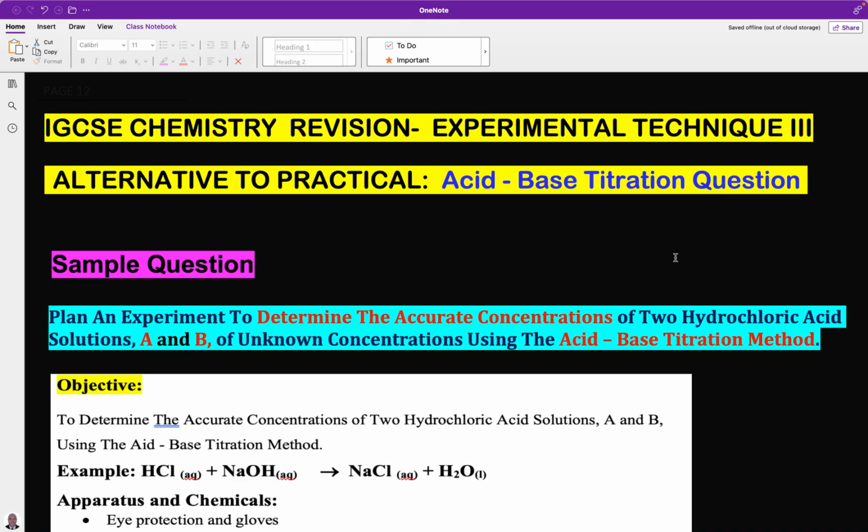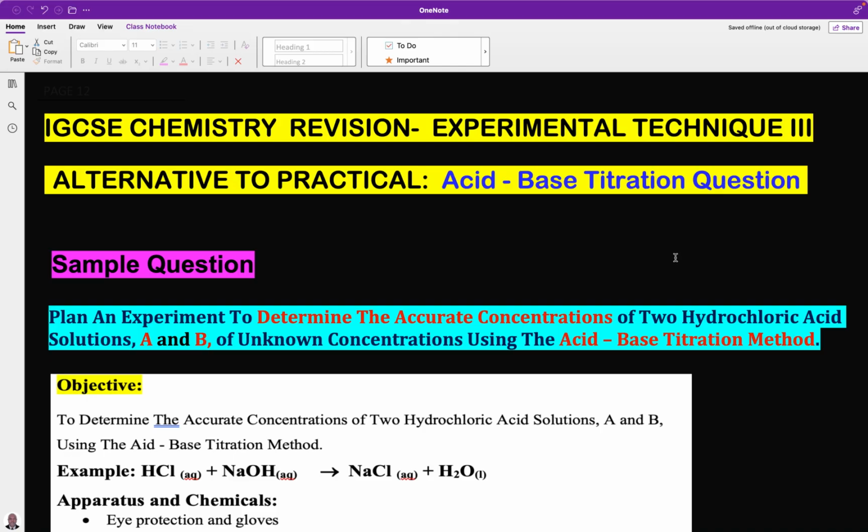So we are going to solve this sample question, followed by a past examination question on this. So we were dealing with acid-base titration.